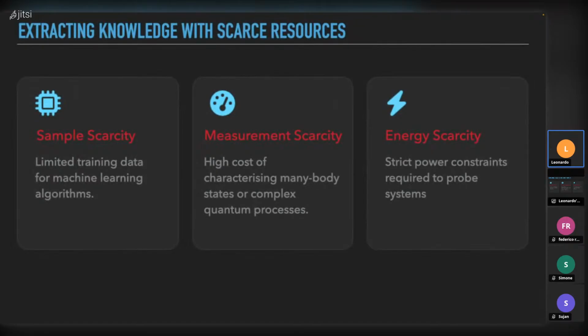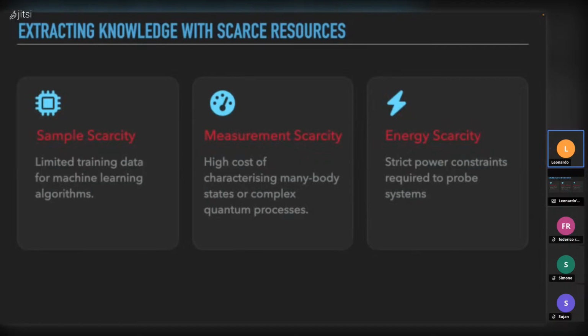So there we talk about this measurement scarcity. And then finally, you also have a limit on the energy you are using to probe your quantum system. So you have power constraints when you're probing a system, and this introduces some energy scarcity.